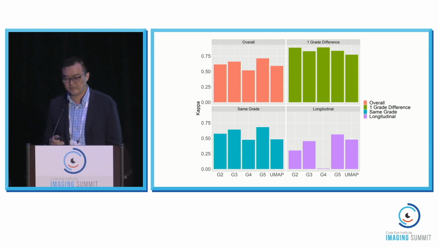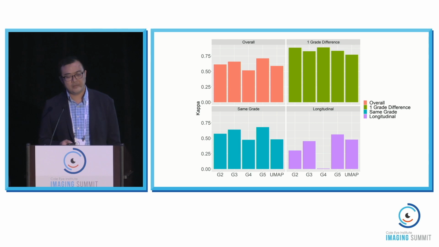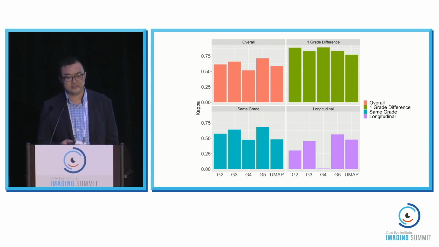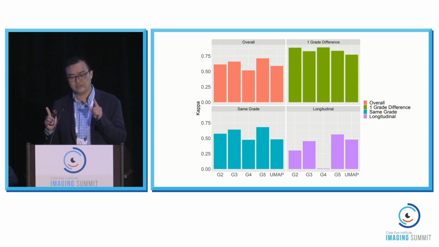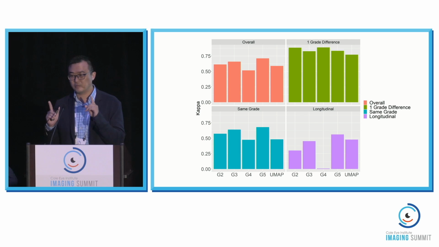Some people might say, well, that's great, but how do you know that's actually useful or real? So we did a validation study where we took people from the reading center who had been grading MACTEL type 2 images for many decades. We took two pairs, in the upper right where it says 1 grade difference, two pairs that were 1 grade apart, and we asked humans to tell which one was worse.